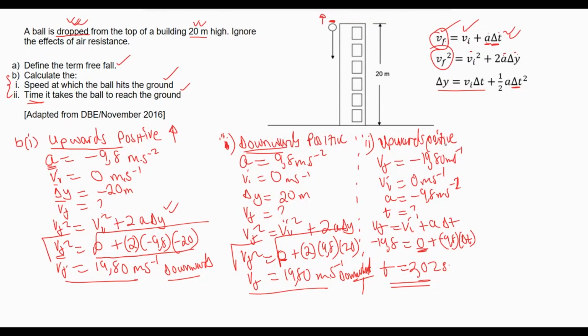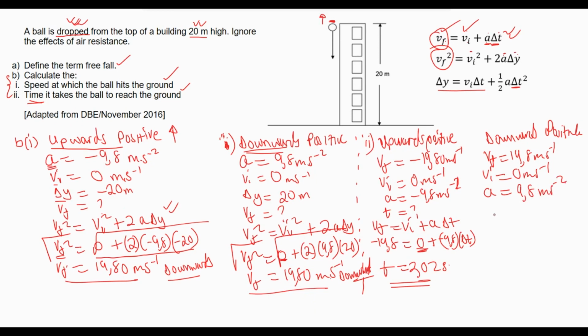Now let's continue. If we take downwards as positive, our final velocity is going to be 19.8 meters per second. Then initial velocity is 0 meters per second. And then acceleration is downwards, so it's going to be positive 9.8 meters per square second.